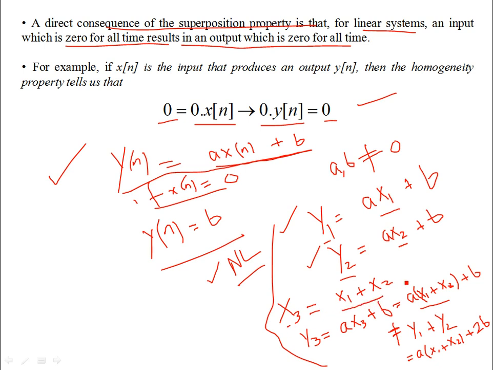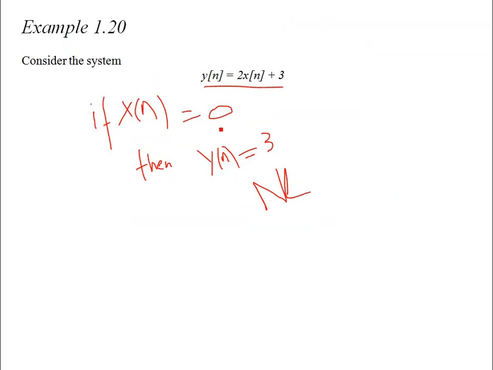There are no weightings over here, but this shows the concept that if you apply this input x3 as an input to the system, then this is ax1 plus x2, which is still not equal to y1 plus y2. So this additivity property does not hold, right? Because y1 plus y2 will have another term 2b. So the system is non-linear. You can show this for this equation. This is the same equation, it's just a is 2 and b is 3 over here. So the system is non-linear.